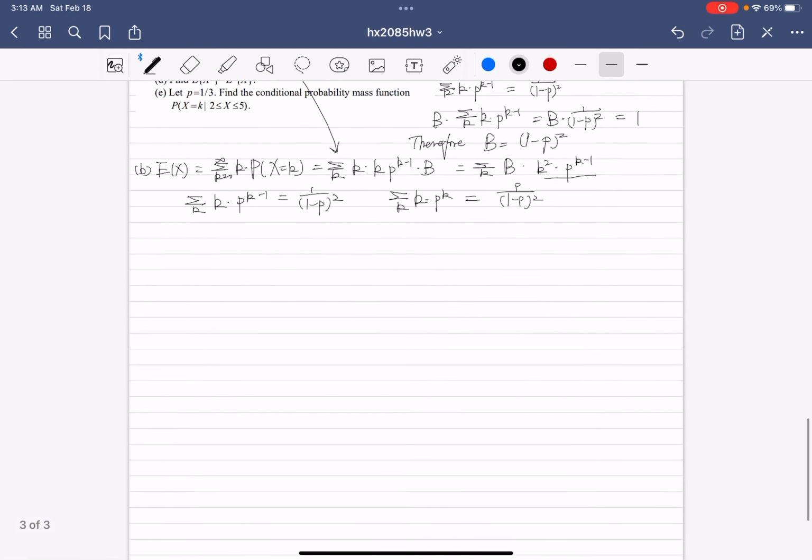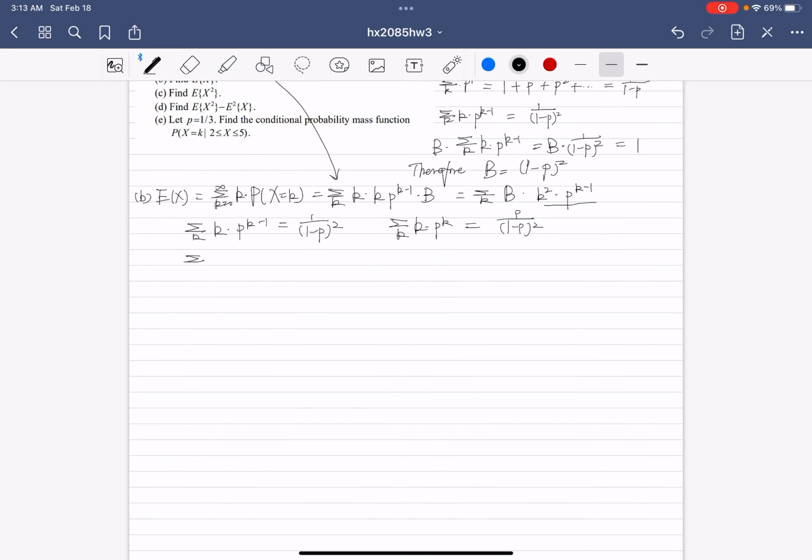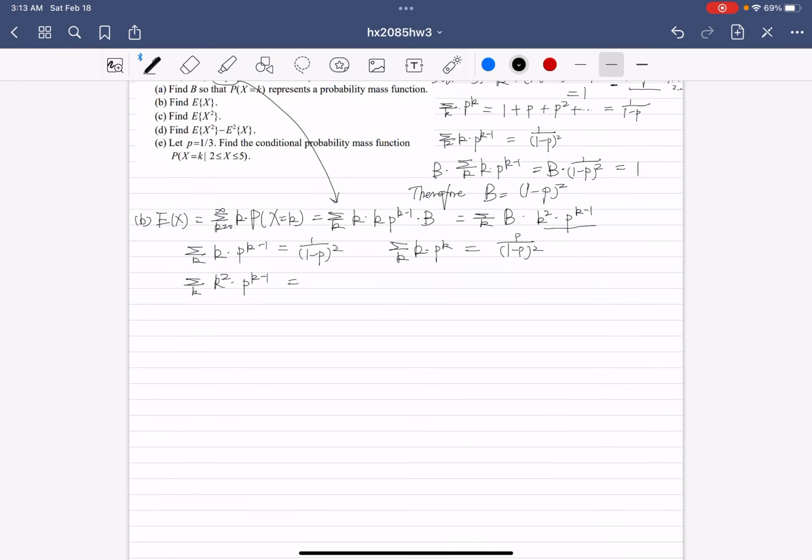And to this equation, we can differentiate both sides with respect to p. We get the sum of k squared times p to k minus 1 equals, the right part is 1 plus p divided by 1 minus p cubed.